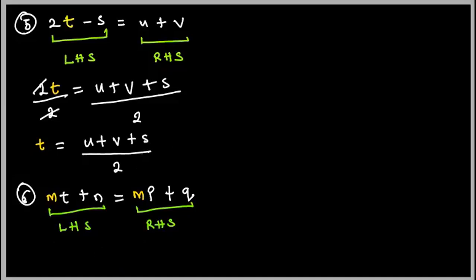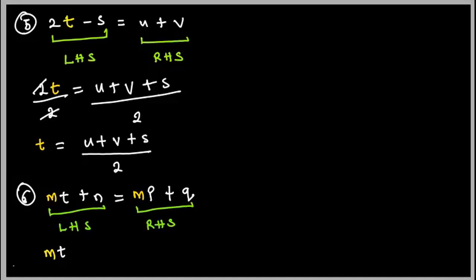Now, to collect like terms, I'll bring every m to the left hand side, and I'll have m, and I'll have mt. I have an m term on the right hand side here, that is mp.